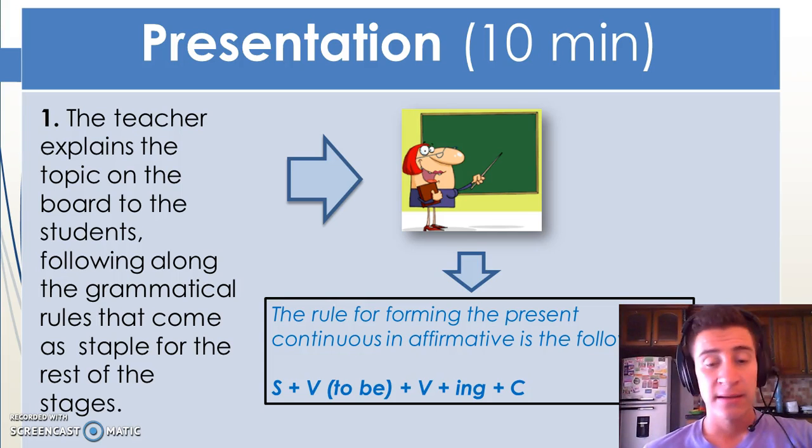First of all comes the subject: I, you, he, she, it, we, they. Second, we have the to be verb according to the given subject, of course, in order to do it properly. And then a verb different from the to be verb, plus ing, plus complement.